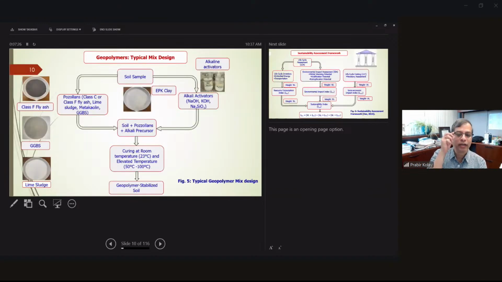So here for the current study, one of my PhD students did this. We used class A fly ash, GGBS and lime sludge, and alkali activators, sodium hydroxide and sodium silicate, not potassium hydroxide. And then we did the experiment for normal temperature, that is room temperature around 23 degrees Celsius, and then elevated temperature, 75 degrees.